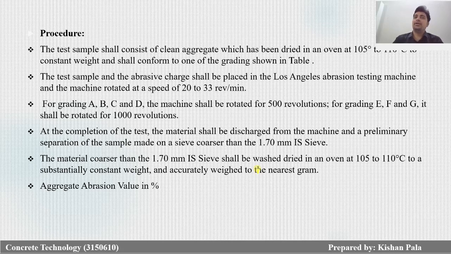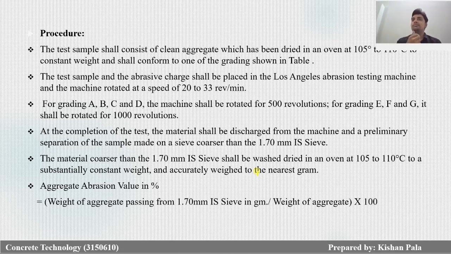Aggregate abrasion value in percentage. This value is given as a percentage that you can easily calculate. Take the weight of the aggregate passing through the 1.7 mm IS sieve. You have already applied the load by the spherical balls and revolutions and the aggregate got crushed, and then you have to sieve this aggregate through the 1.7 mm sieve and collect the sample which passed through it.